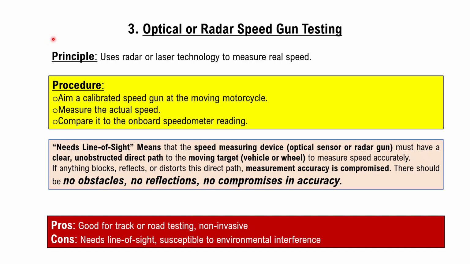The third method which can be used is optical or radar speed gun testing. Its principle: it uses radar or laser technology to measure real speed. Procedure is: aim a calibrated speed gun at the moving motorcycle, measure the actual speed, and compare it to the onboard speedometer reading.